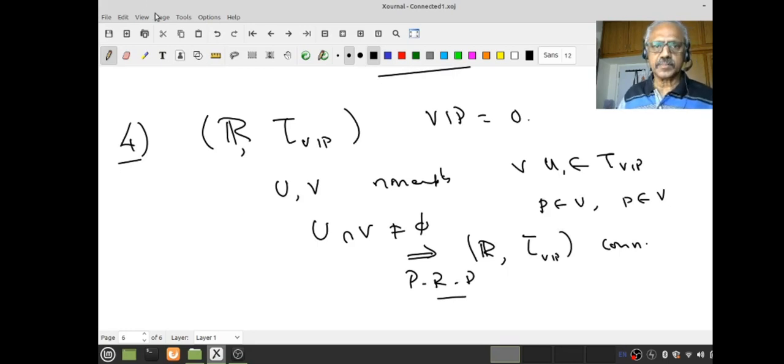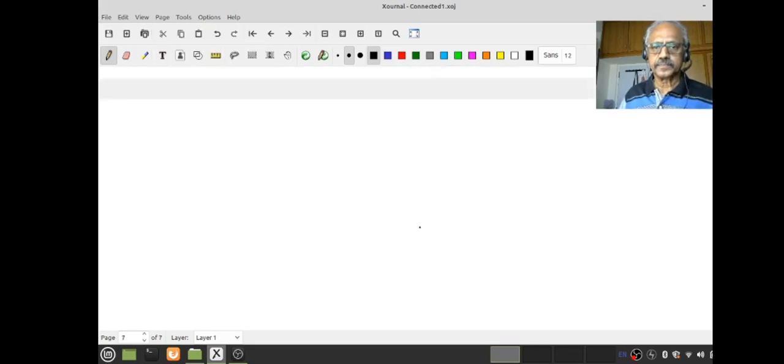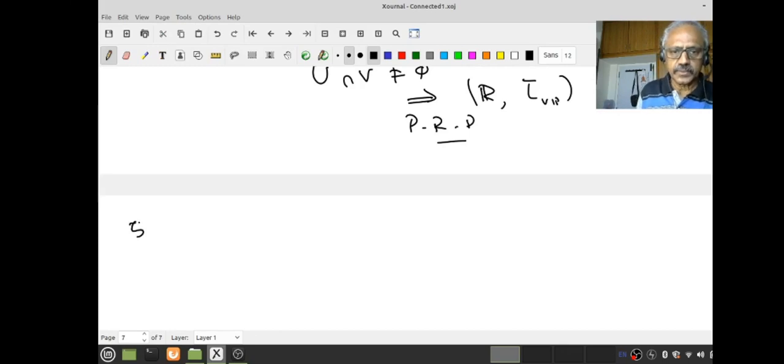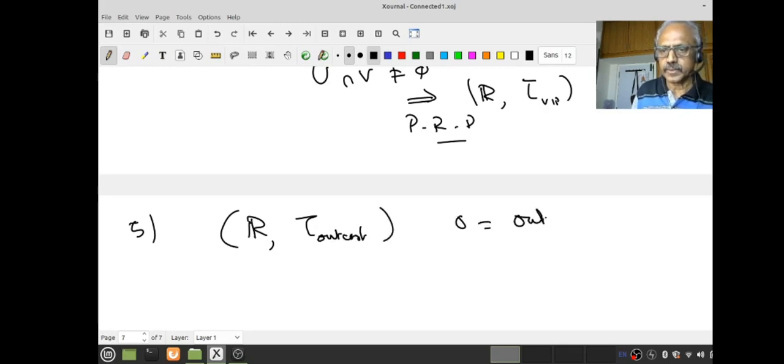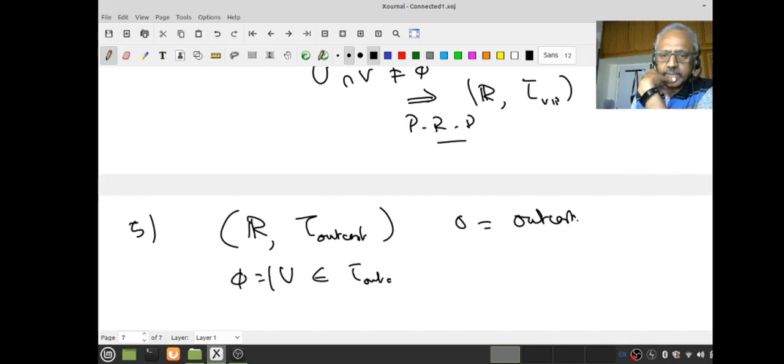What is the next example? The next example is R with the outcast topology, and as usual 0 is the outcast. Now what are the open sets here? If U is not empty, then U belongs to the outcast topology.